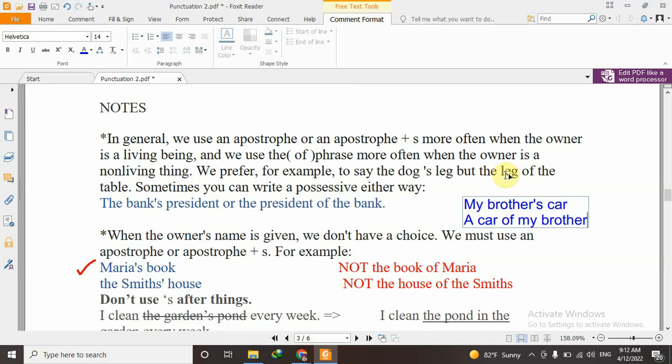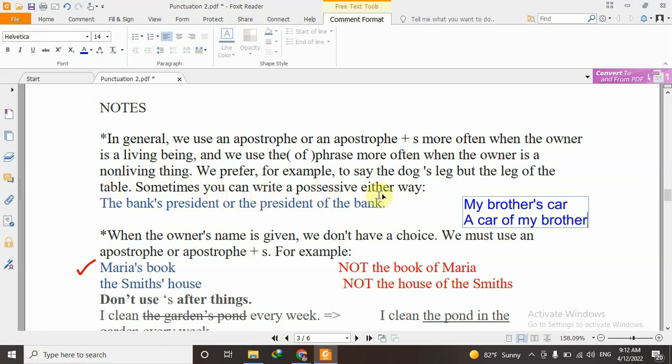We can say the leg of the table. And we can say the dog's leg or the leg of the dog. But we prefer to say the dog's leg, but the leg of the table. It is better than the table's leg.